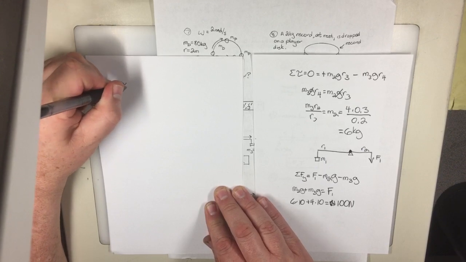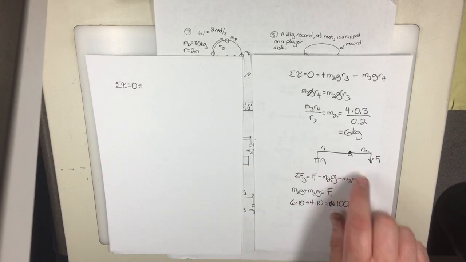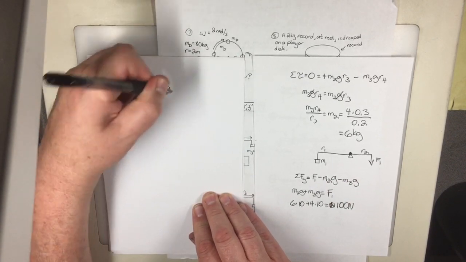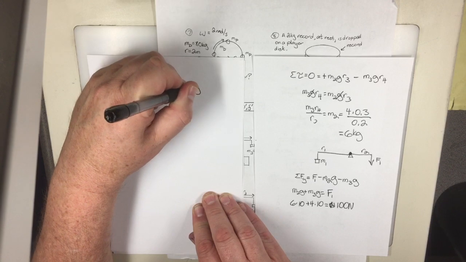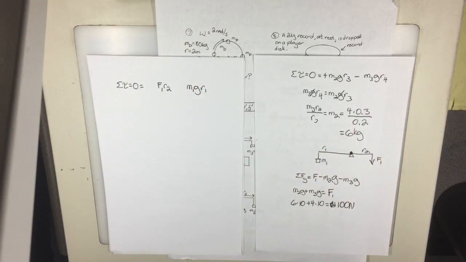The sum of the torques around that point is also 0 because it's not rotating around there. So this is F1R2 minus M1GR1: left, down, up, positive; right, down, in, negative.